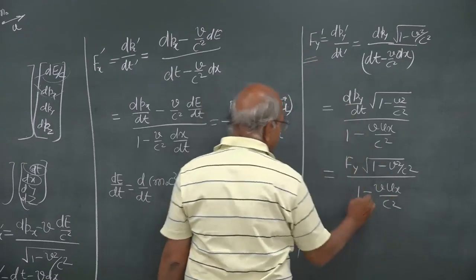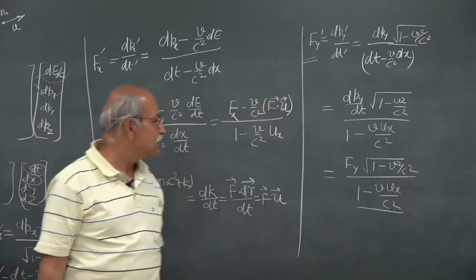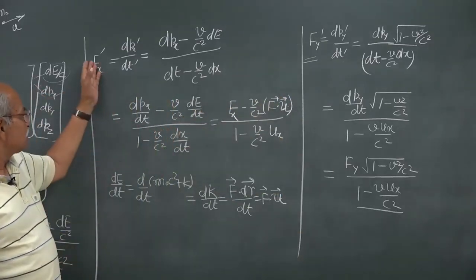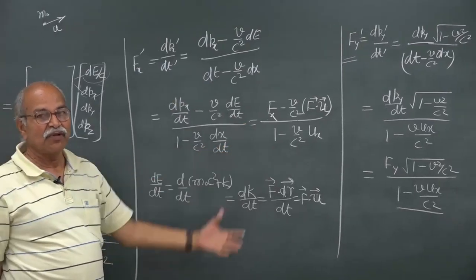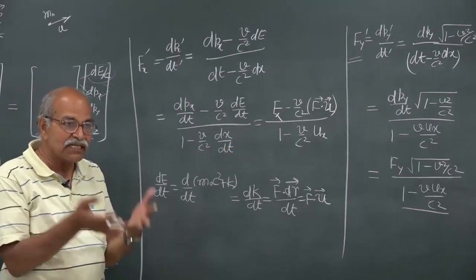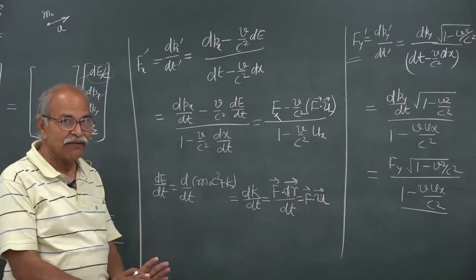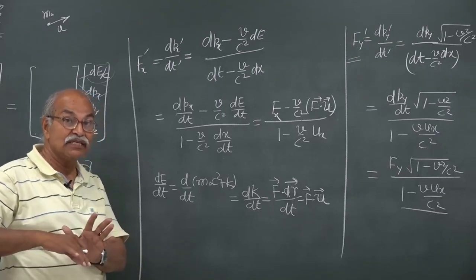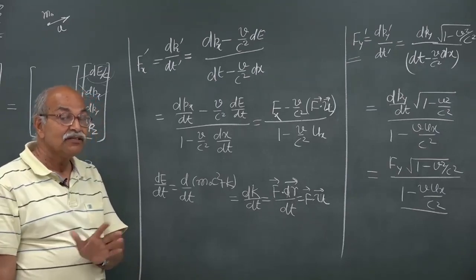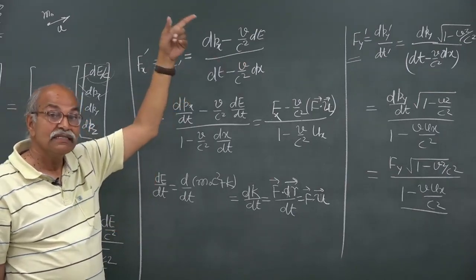That is how the y component will transform, the z component will transform similarly, and the x component will transform according to this. So if you are solving problems where forces are acting and motion is there as seen from one frame, and you want the corresponding quantities in the S prime frame, you have to transform forces also according to these equations.